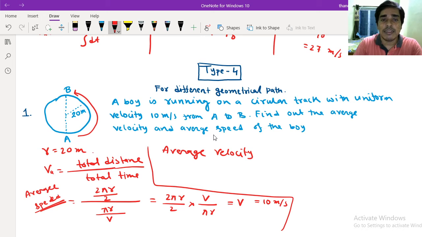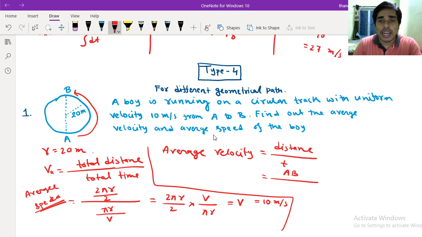But average velocity changes, because here it is displacement divided by total time. Here the displacement is AB. The time taken by this particle is the total time, and the distance AB is 2r, and the total time is pi r by v.